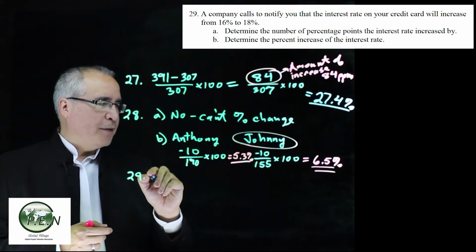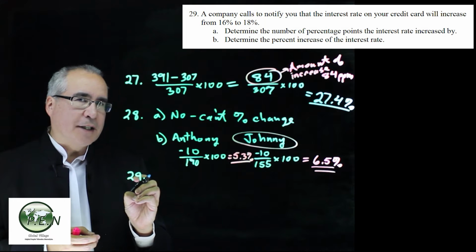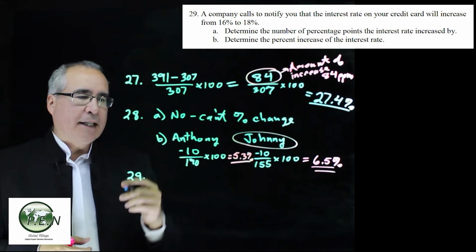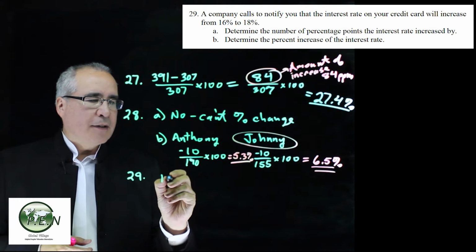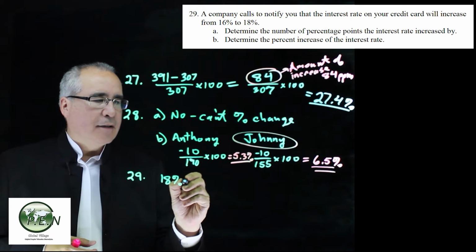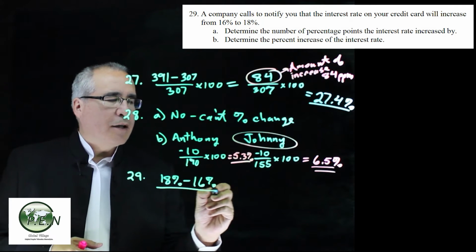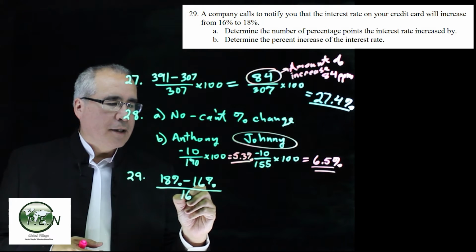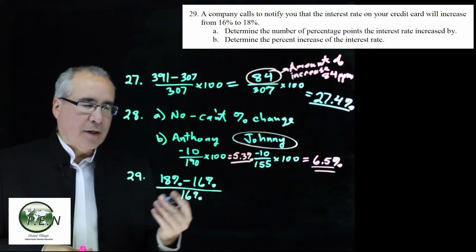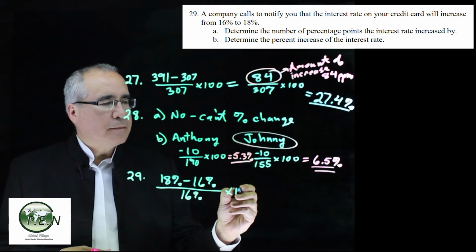So what was the old value? It used to be 16%, and it's going to increase to 18. So what we're going to do is 18% subtract 16%. And again, we always divide by the old. Old is always in the bottom.